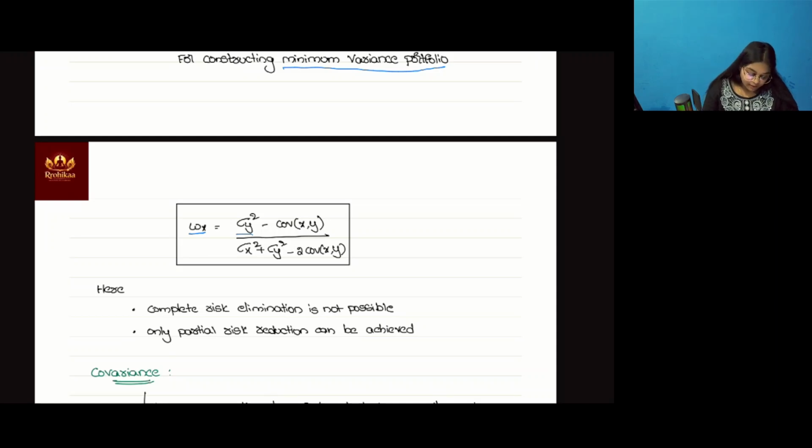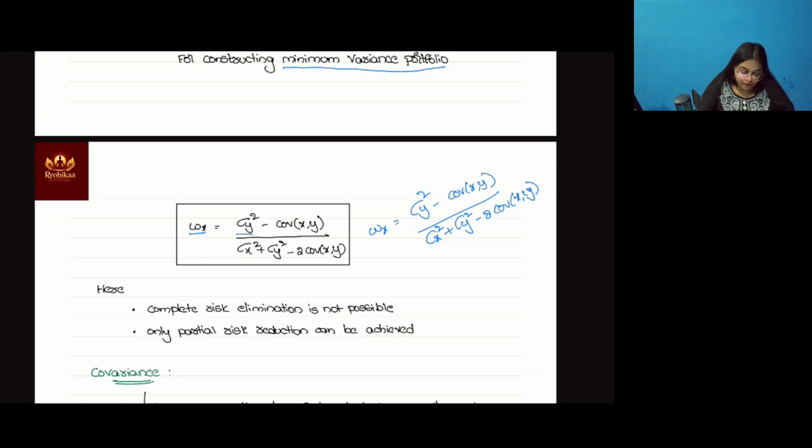So we have to revise the formulas every day. So remember, weight of X equals sigma Y square minus covariance of X comma Y divided by sigma X square plus sigma Y square minus 2 covariance of X comma Y. This is to reduce the risk of the portfolio to minimum.